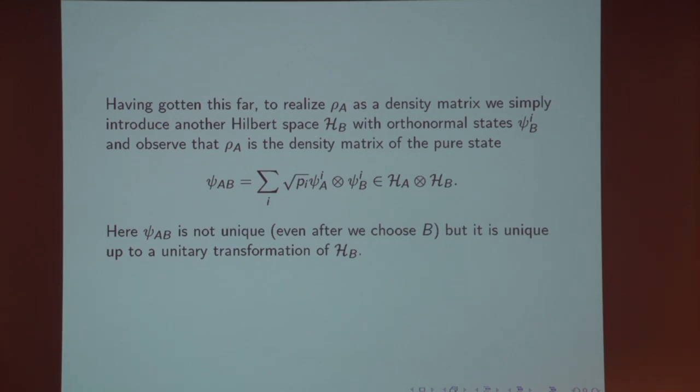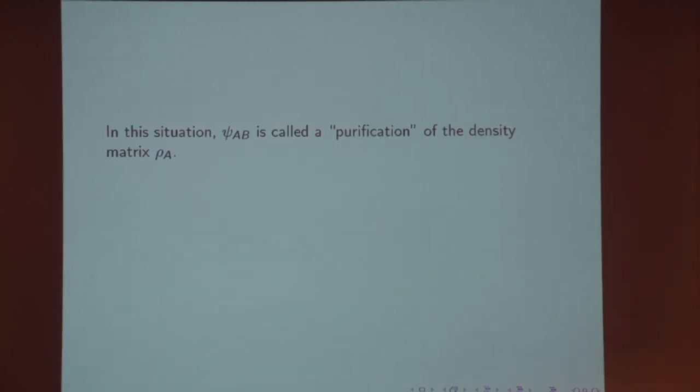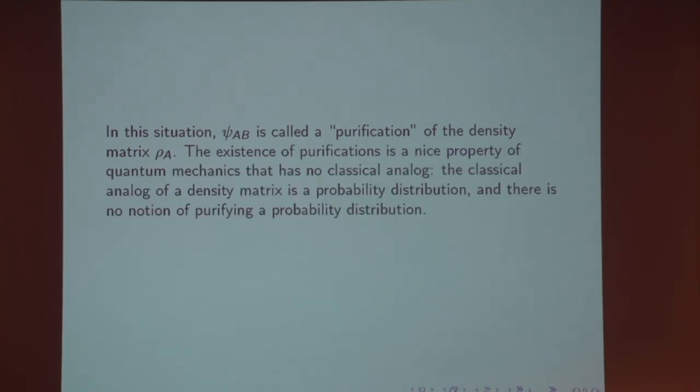Psi AB is called the purification of a density matrix rho A, realizing it as the density matrix from some pure state. The pure state isn't unique, but it's unique up to a unitary transformation of the second system. The existence of purifications is a nice property of quantum mechanics with no classical analog.